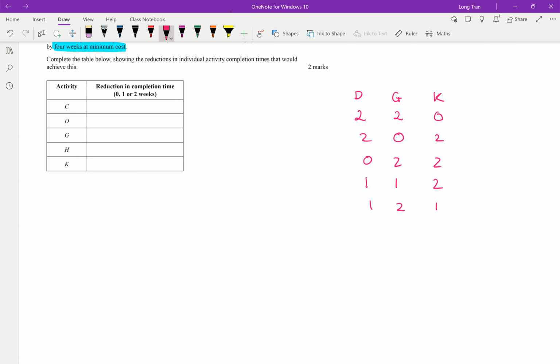Or I can have 2 at the end, and that's 1, 1. So those are my main options. I don't think, because remember the maximum reduction is 2, so I think those are all the possible combinations that I can do that can get me 4 reduction. Is that right? Cool.